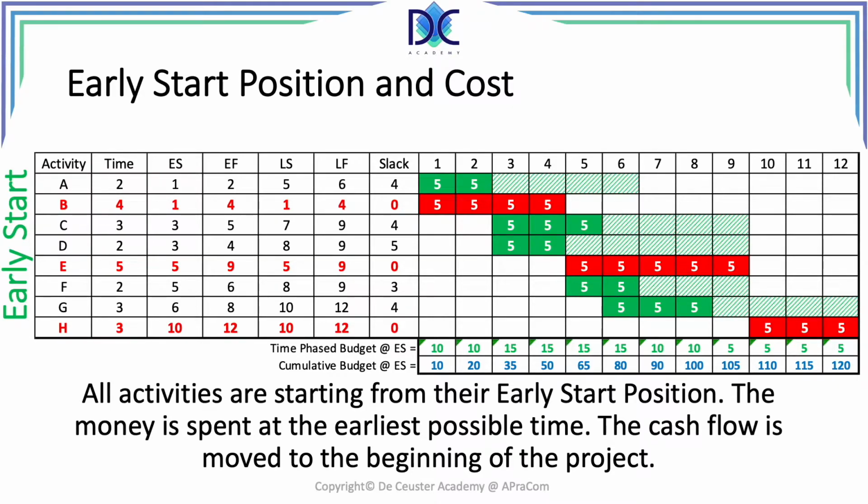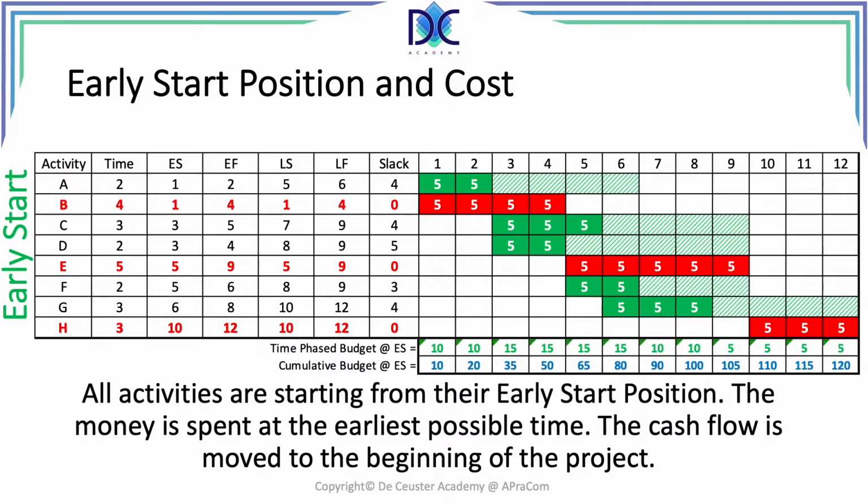The next thing to do is to determine the cumulative budget by adding the cost of the period to the total cost of all previous periods. We start with period 1, which has a cost of 10 and also a cumulative cost of 10 since there are no other activities before period 1.